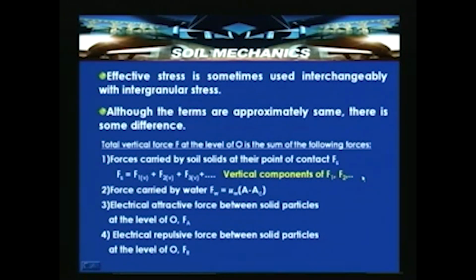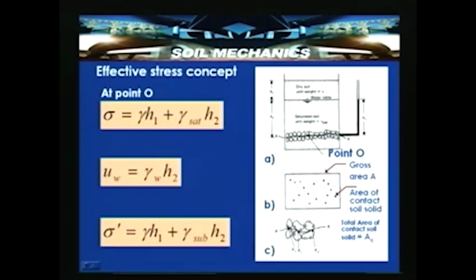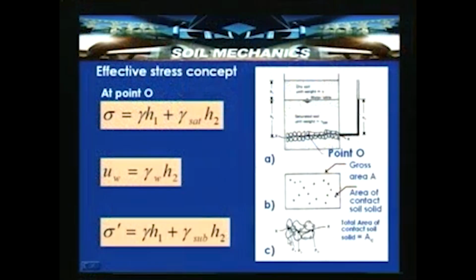That means, if you go to the previous slide, at the contact points you have forces F1, F2 and F3 acting. So, the vertical component of F1 is F1V, the vertical component of F2 is F2V, and the vertical component of F3 is F3V.